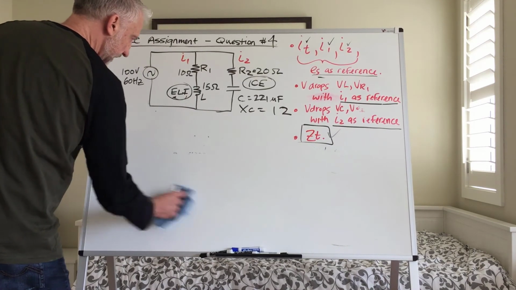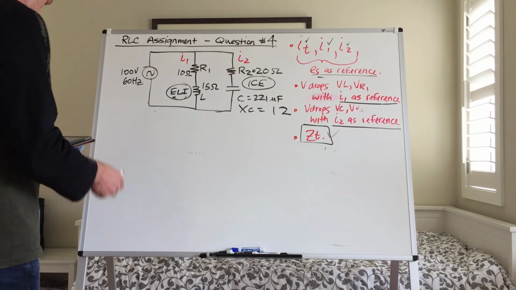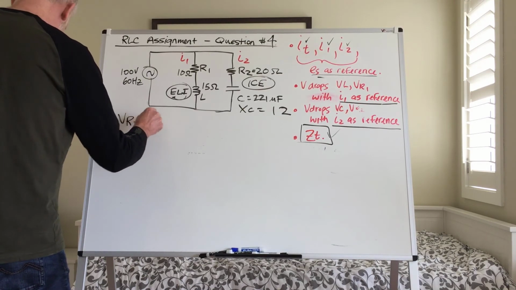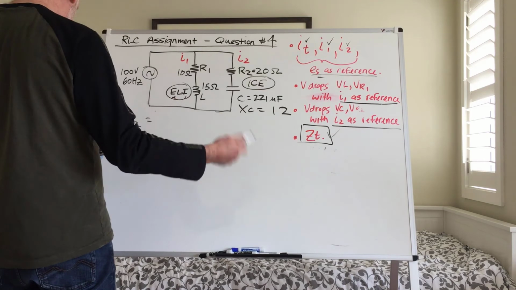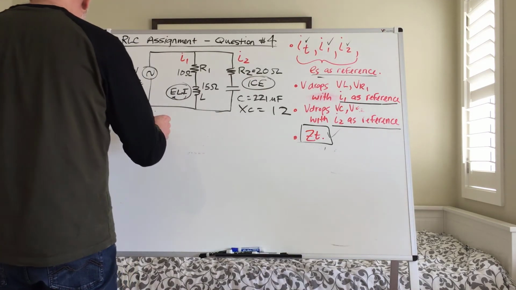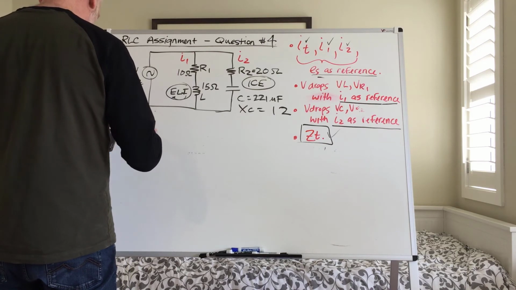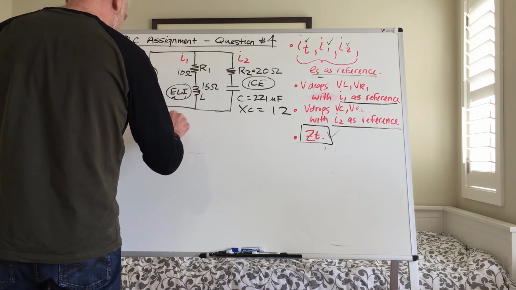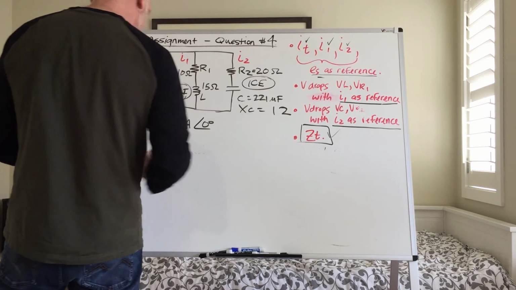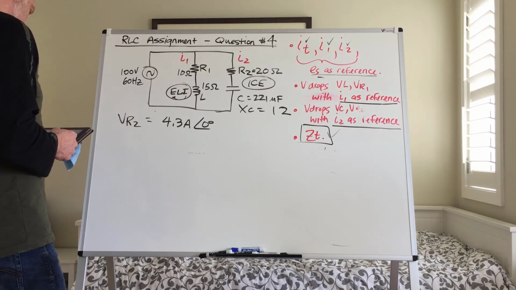Now we'll do the branch 2, and we've got VR2 is going to equal our I2 at 0 degrees times our R value, right? So our I2 value was 4.3 amps. That's going to be 0 degrees, because we're going to use that as a reference.